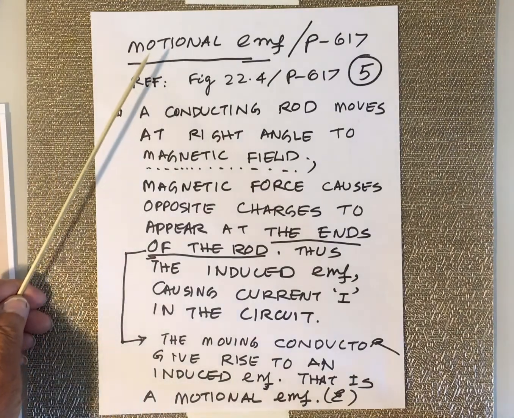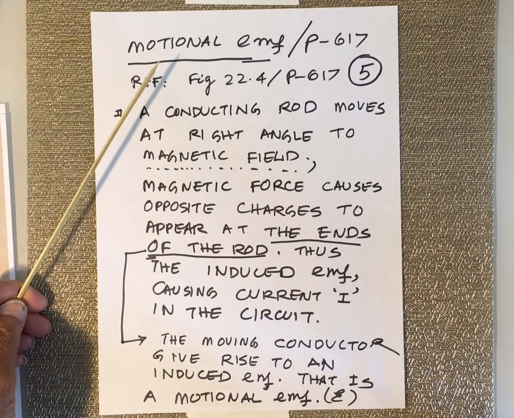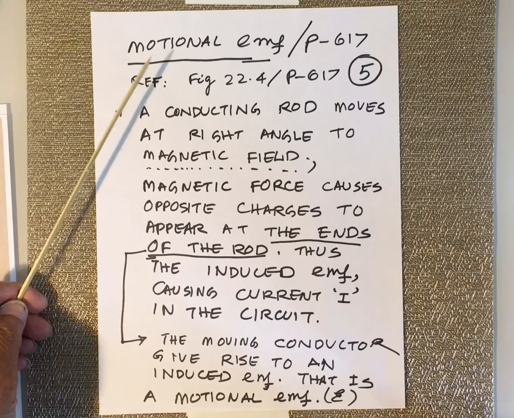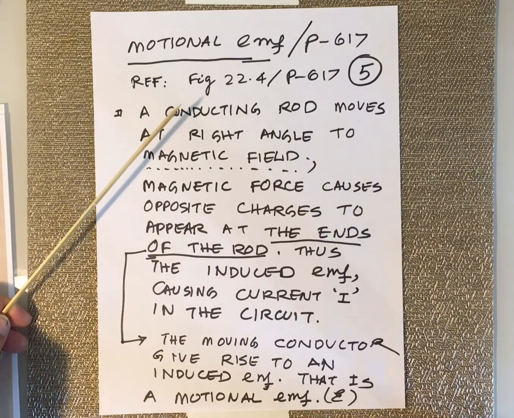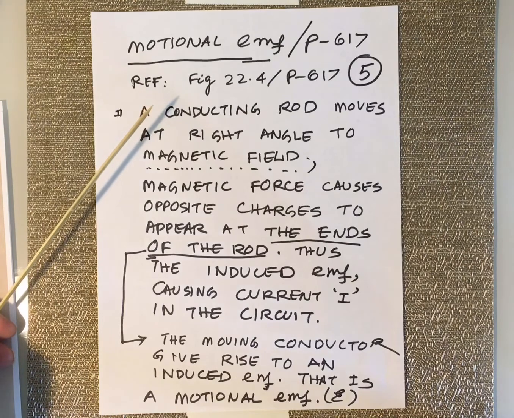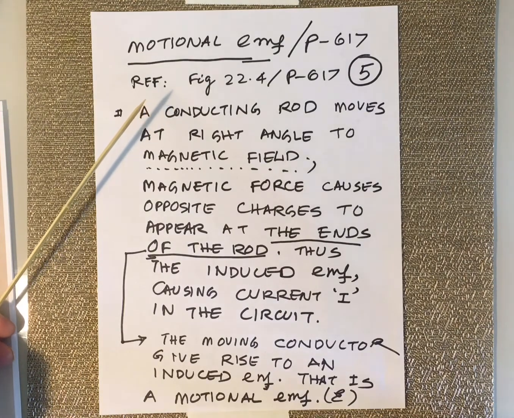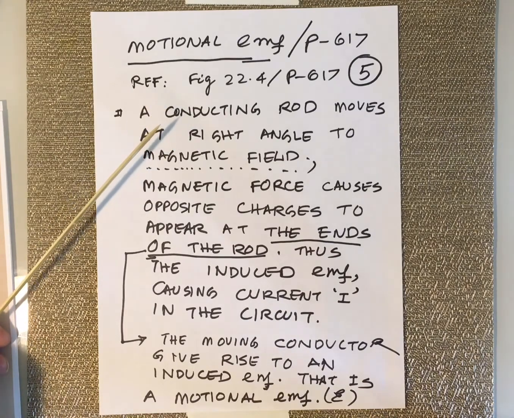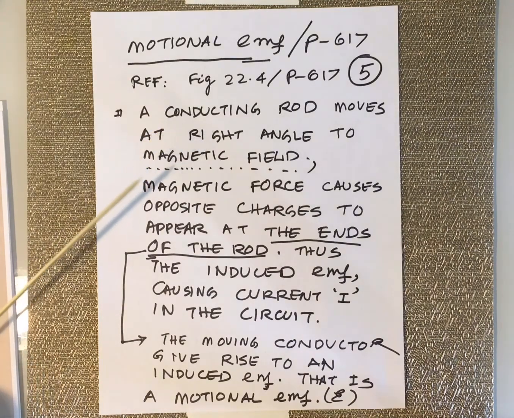Now the next topic is motional EMF, which is page 617, figure 22.4, where we'll see the conducting rod between two rods moving from left to right in the magnetic field, and the magnetic force causes the charges to go onto the other end of the rod, as you see.